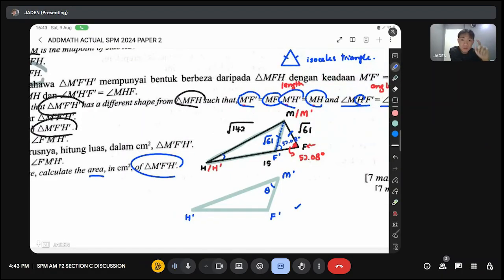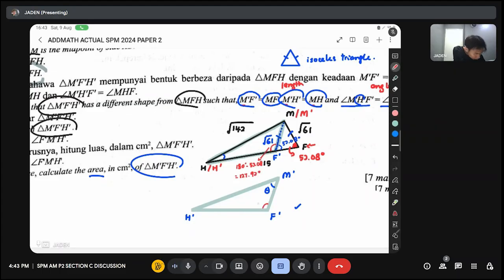If this is 52.08, the other side will be 180 minus 52.08, which gives a result of 127.92.